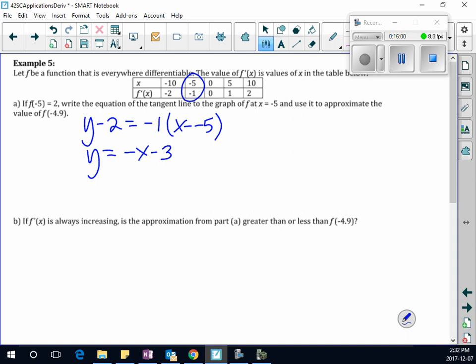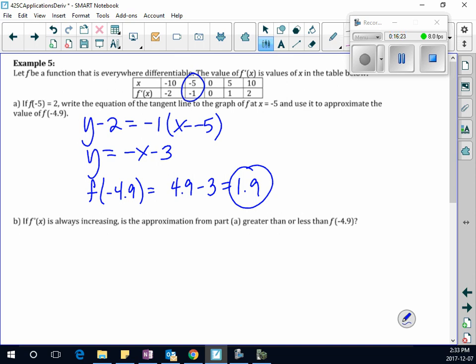And so f of negative 4.9 would be 4.9 minus 3, which gives me 1.9. I think on Khan Academy for this section, they say you can use your calculator. That one you didn't need to, it was easy enough addition.